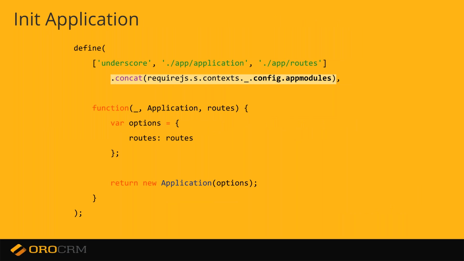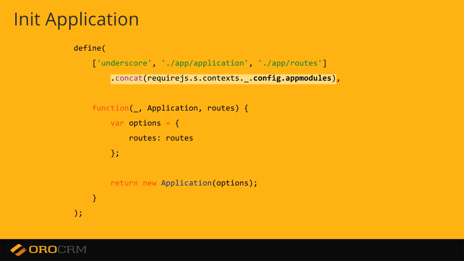Here you see an example of how the application can be initialized. This module is the starting point of the application, similar to the app.php file in Symfony. Take a look at how the list of required modules is defined.